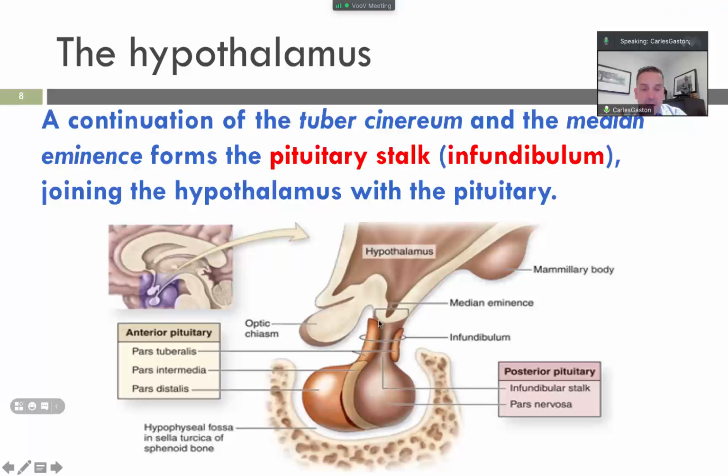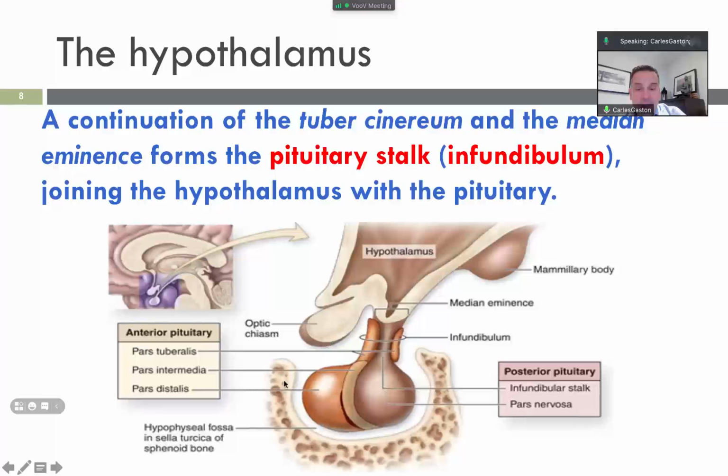And it's attached to the pituitary through an expansion called the median eminence, or also pituitary stalk or infundibulum. And this joins the hypothalamus with the pituitary gland that you can see here. Next to it, you have the optic chiasm. And the pituitary gland is composed of two main lobes.